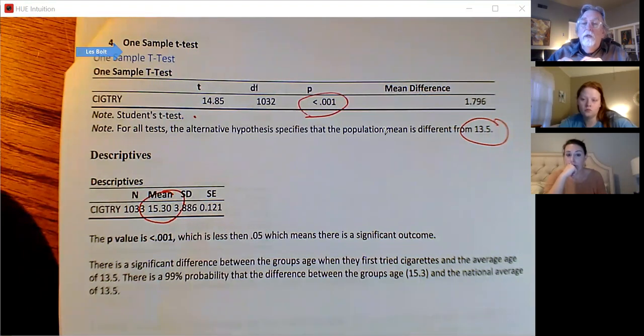And so it raises the question of whether this survey is generalizable to the larger population, because this difference would be something we'd want to figure out. Why is it different? Because we would expect it not to be necessarily, if it truly is sort of a random survey. And that's the one sample t-test.